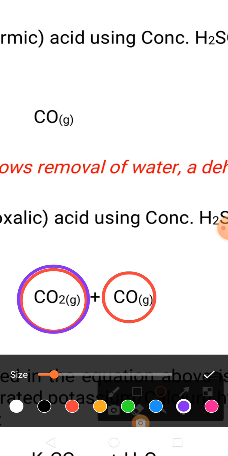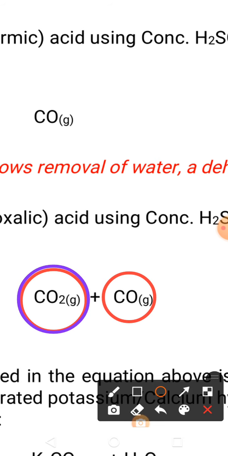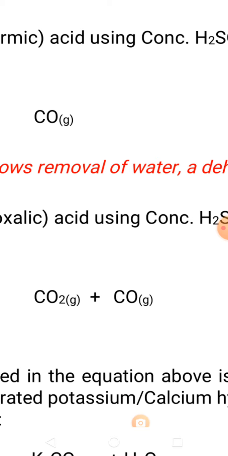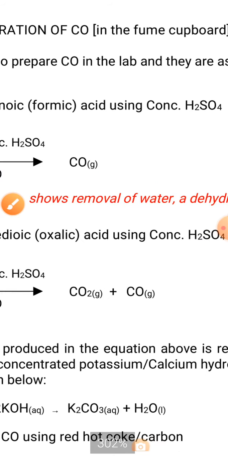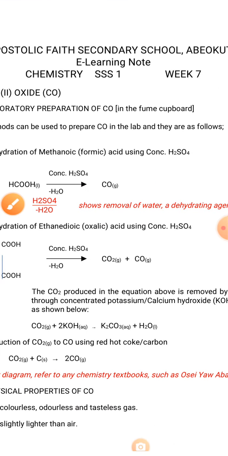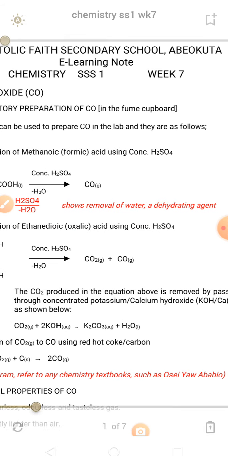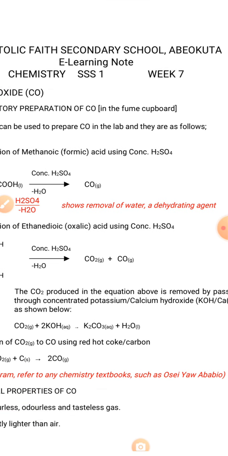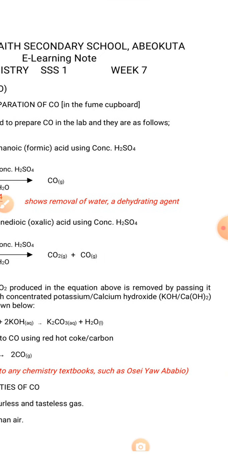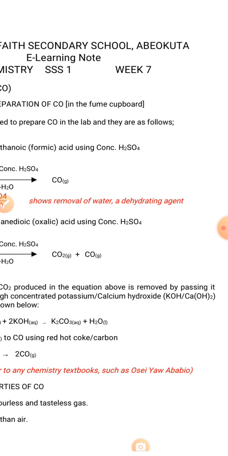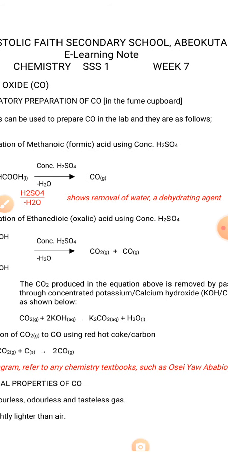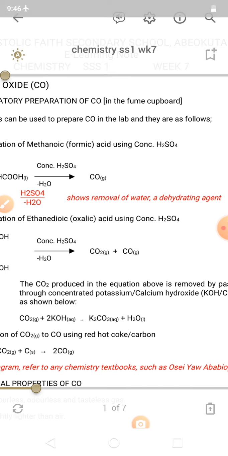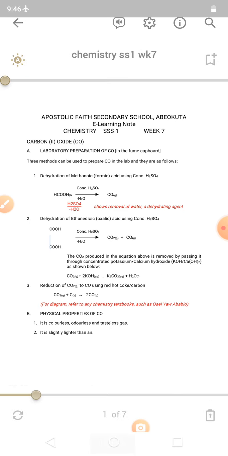Those three compounds that I mentioned are used to remove CO2. These three compounds, potassium, calcium, or sodium hydroxide, will remove CO2. And it will leave you with CO. It will remain CO, which is what you want.